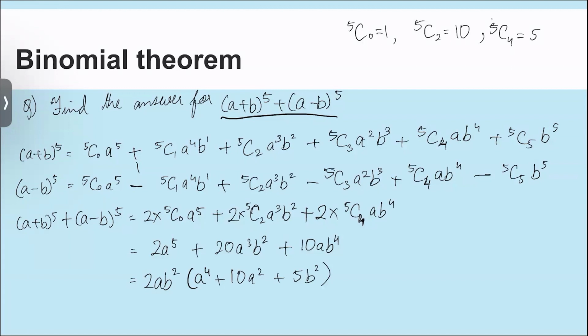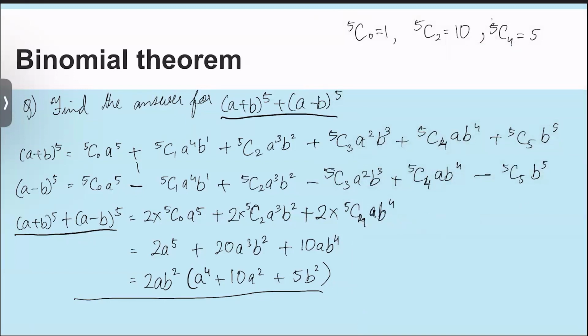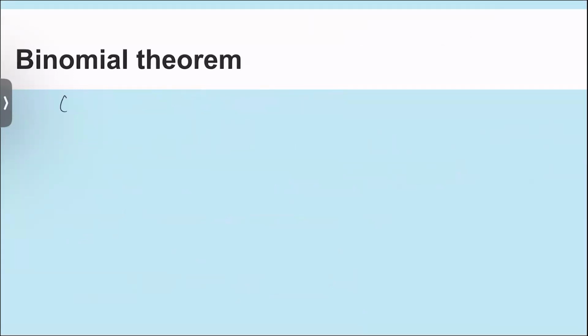So this is the answer for (a + b) the whole raised to 5 plus (a − b) the whole raised to 5, which is 2ab squared times (a raised to 4 plus 10a squared plus 5b squared).